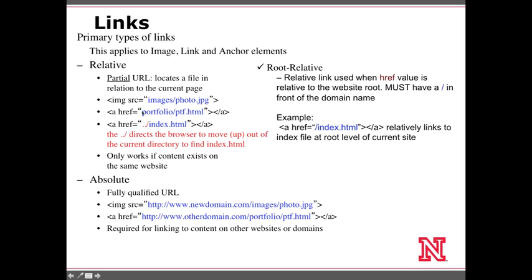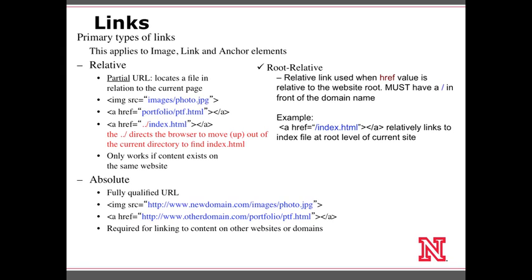So the first word here is typically the name of a directory or a folder, and then a slash, and then the name of the file that you're looking for. If your file is buried within 2 or 3 folders deep, you would have 2 or 3 folder names separated by slashes, and then a slash and the name of the file that it's looking for.